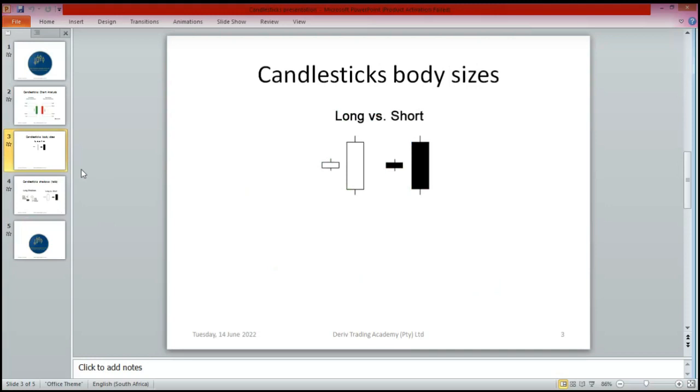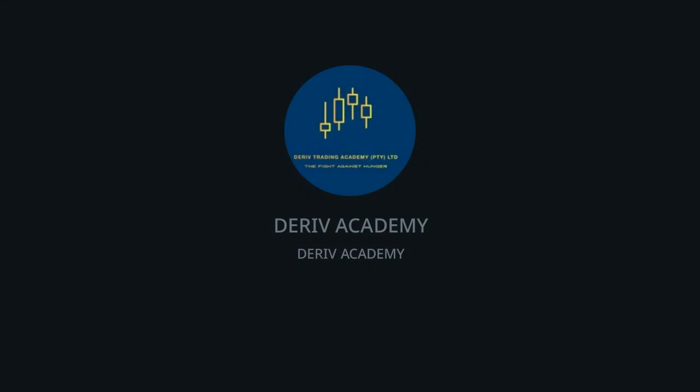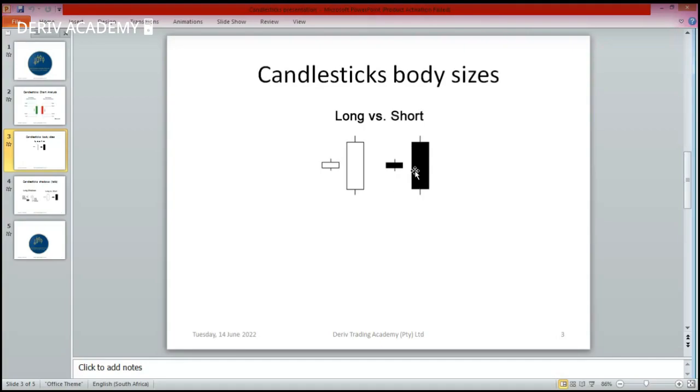Long bodies, like these, refer to strong buying or selling pressure.